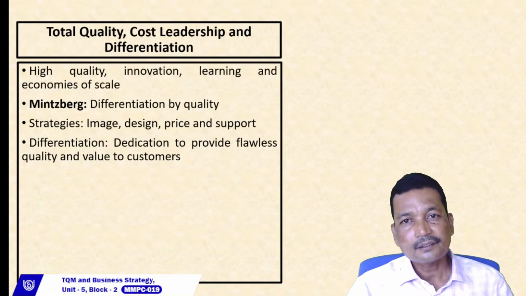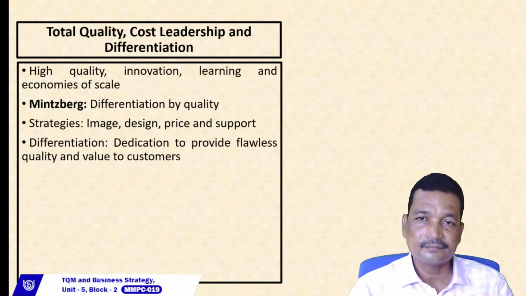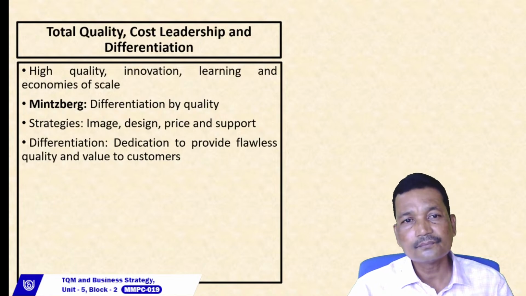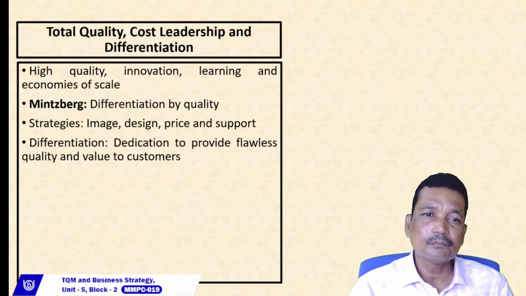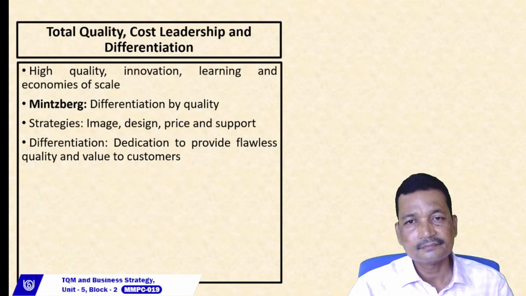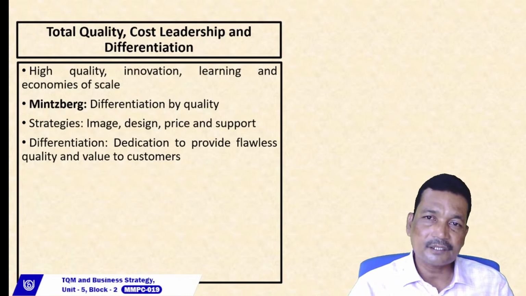Total quality, cost leadership and differentiation. Think of a particular item. Just now we were discussing mobile phones. Think about a price band of 25,000 to 30,000.